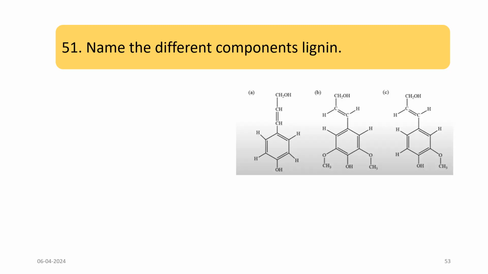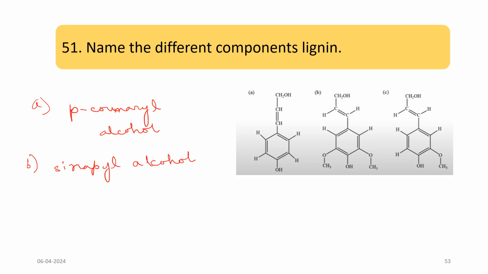Next, name the different components of lignin. The first one, A, is p-coumaryl alcohol. B is sinapyl alcohol.